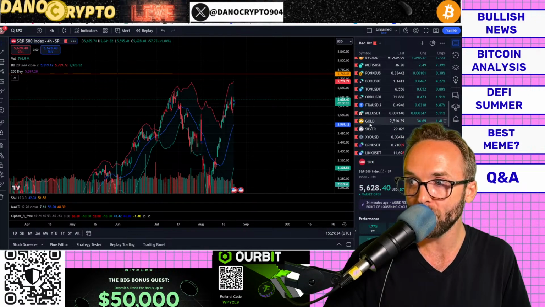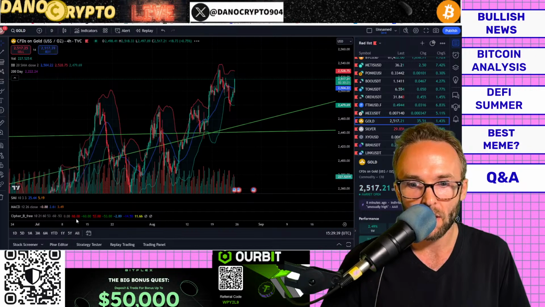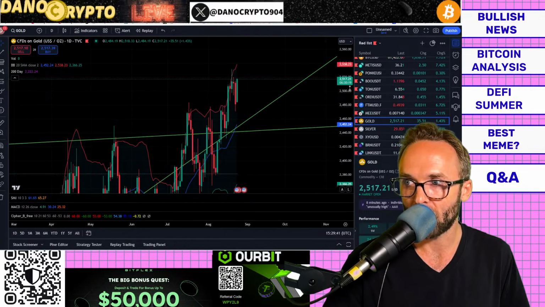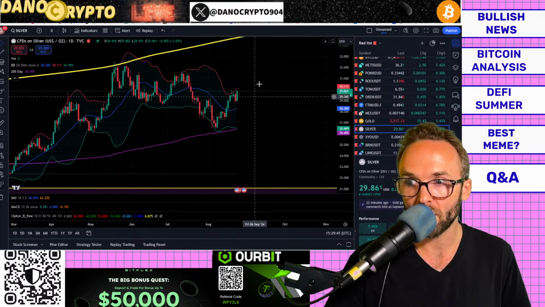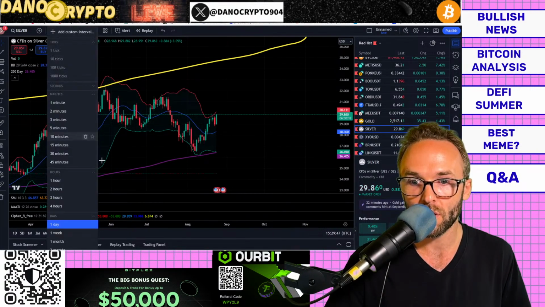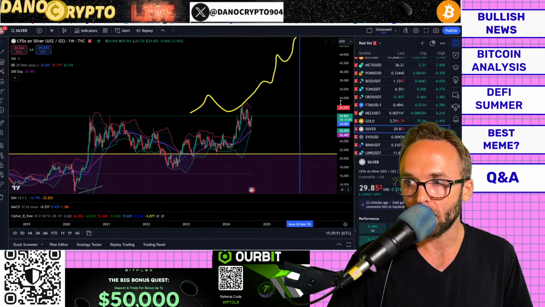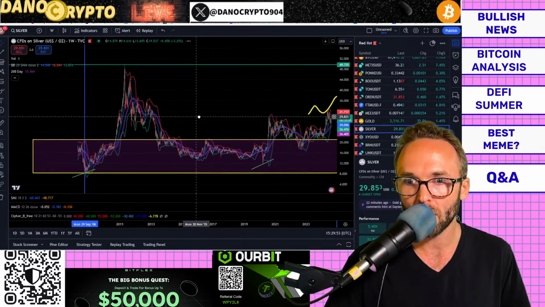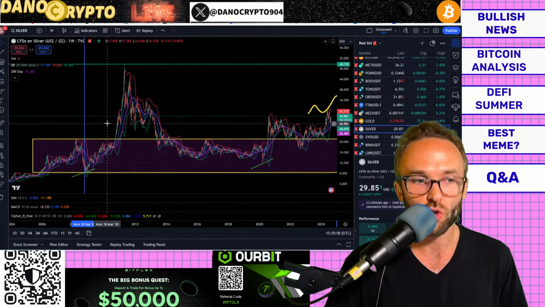And then you look at gold. Gold has just completely broken all-time highs at $2,517 per ounce. And then you have silver. Silver is starting to break out. And if you look at silver on the weekly or the monthly chart, you'll see that silver is a good indicator of when markets are starting to just get out of control.